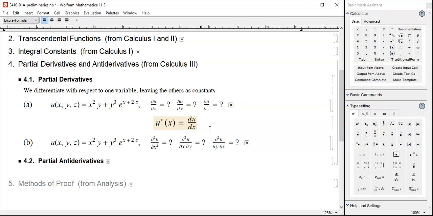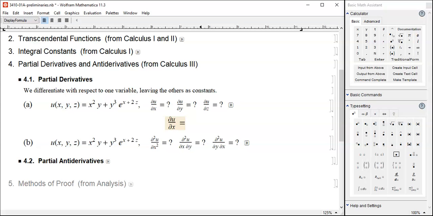But that's when you have just one variable. What if you have more than one variable? Then we do not use this notation to avoid confusion. We use these rounded d in place of the usual d. This kind of expression is used for partial derivatives.